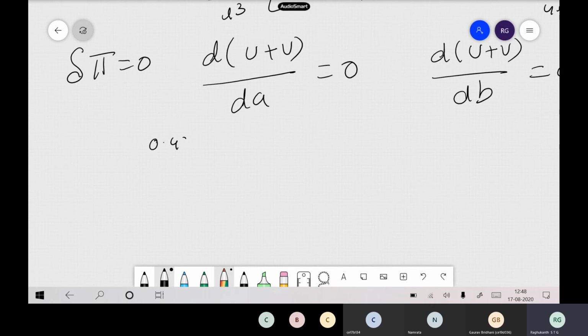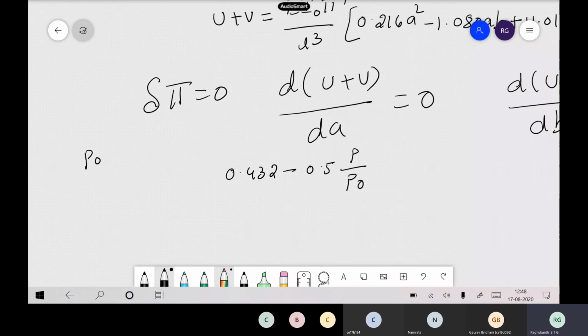So 0.432 minus 0.5 P by P naught. You followed it.